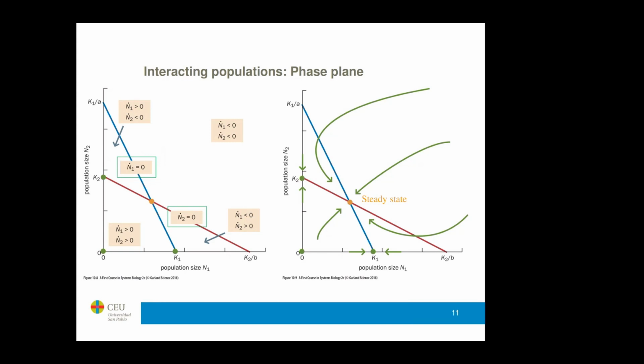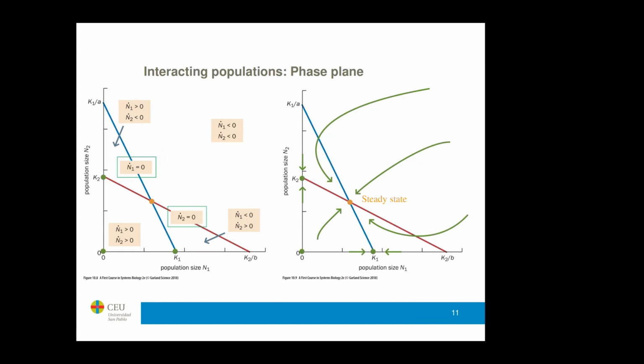Now, if you are at any one of these points, you can predict how it will evolve over time. If you start here, because N1 is larger than 0 and N2 is larger than 0, you will evolve in this direction. If you start on this line, you will evolve in this direction and so on.